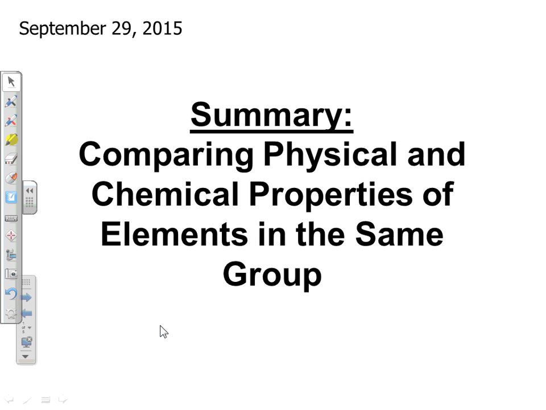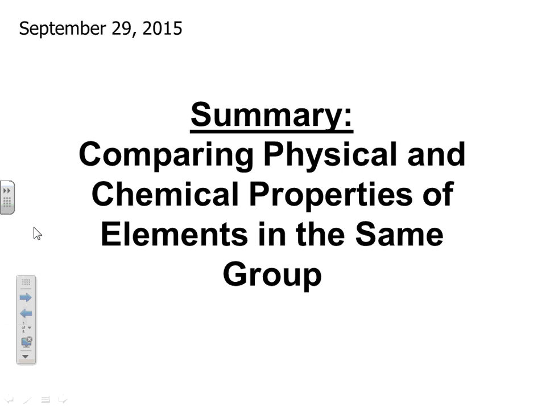And that. Okay, so for today, we're doing a summary of the physical and chemical properties of elements within a group. Yesterday, we started by talking about Bohr-Lewis diagrams, and I hope from that lesson we realize that elements within a group, up and down, have similar properties when it comes to their outer electrons.